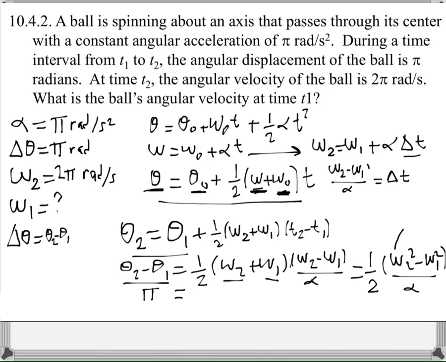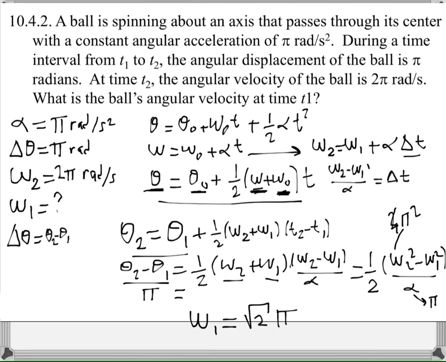So omega 2 is given. Omega 2 is 2 pi, of course, squared. It is 4 pi squared. And we don't know omega 1. We know what alpha is. It is pi. So from this, you can easily find omega 1 is equal to, in square root, 2 pi.